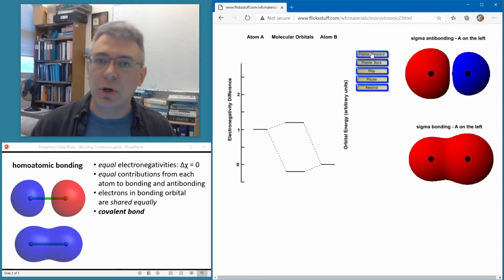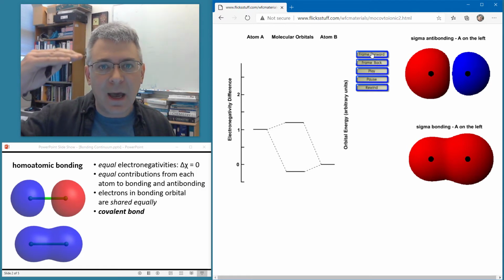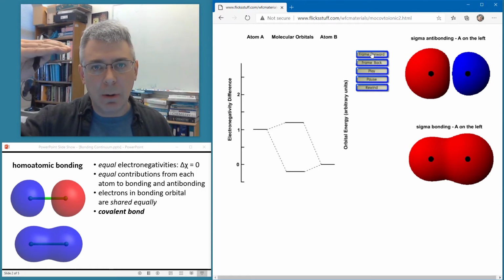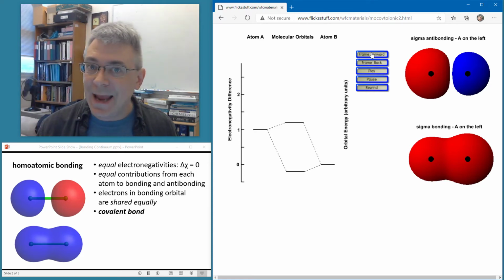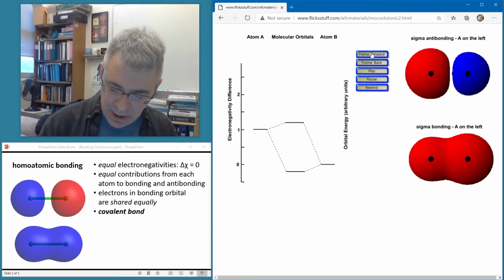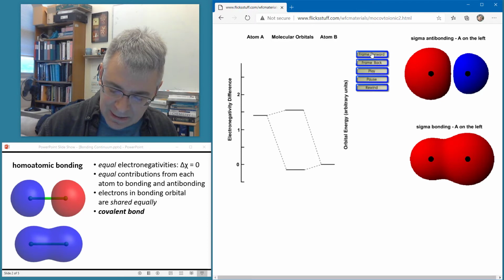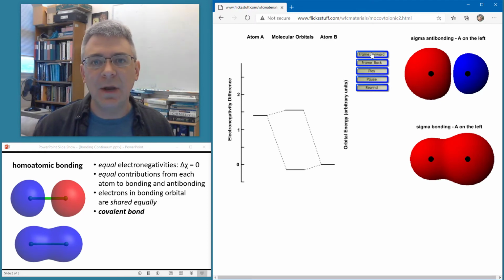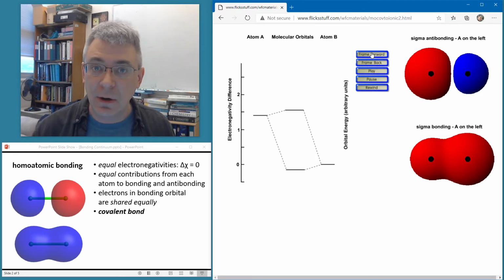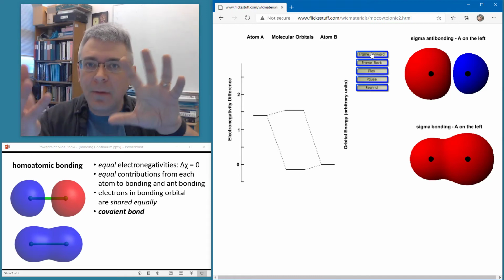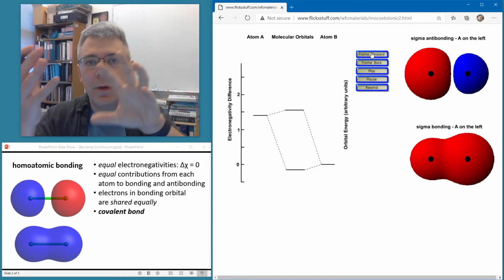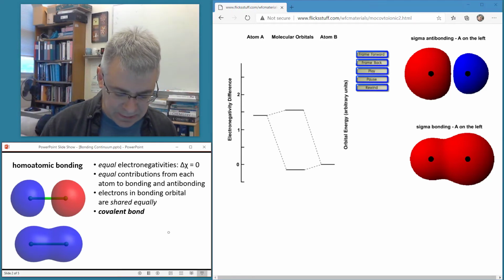So the bonding orbital looks more like the electronegative atom. The more electropositive atom gets a higher energy orbital. It winds up contributing more to the antibonding orbital, to the higher energy molecular orbital that results. And as I increase that electronegativity difference and increase the energy difference, you can see that the amount that the orbital skews to one side or the other also increases.